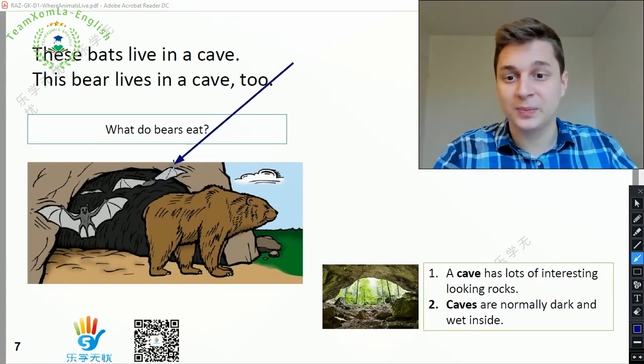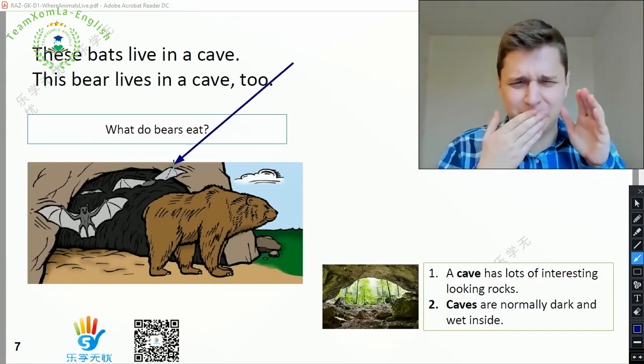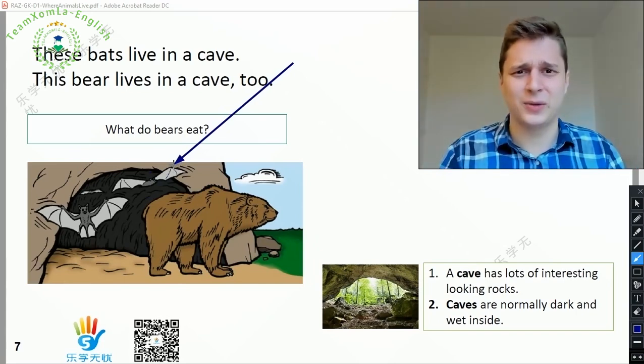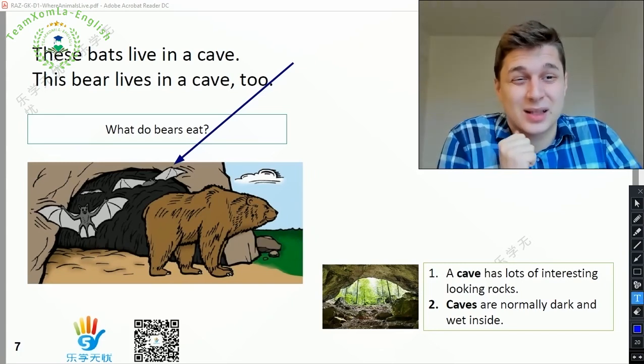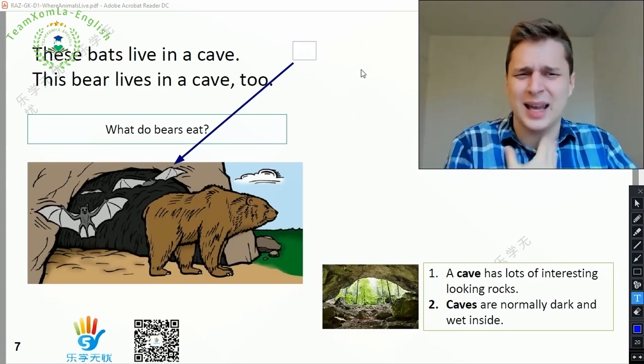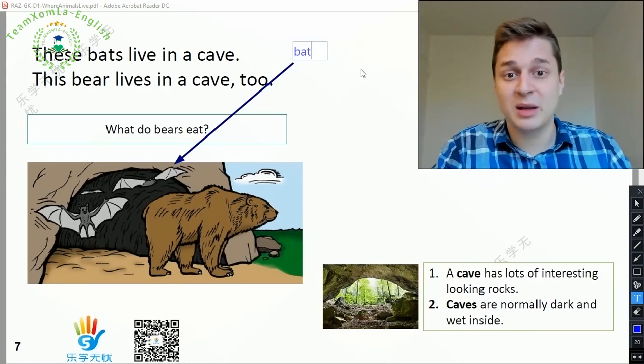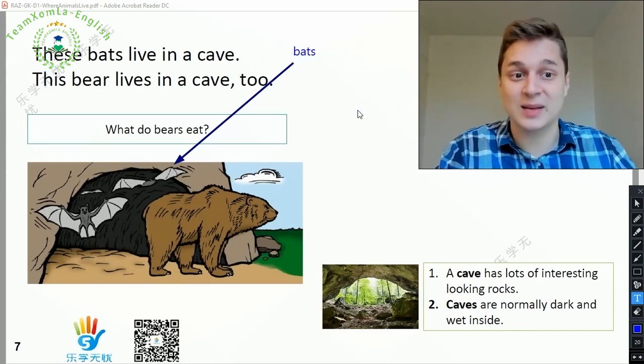For example, we find this sneaky little flying mammal called a bat. Bats are sneaky and crazy and yucky, and I don't like them. But they're interesting animals who help us all the time. We can find bats in there, and we can find big grizzly bears.